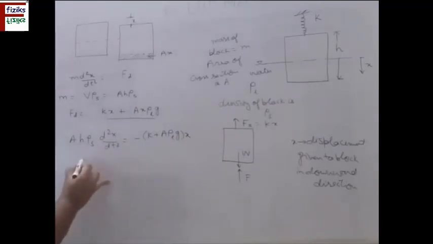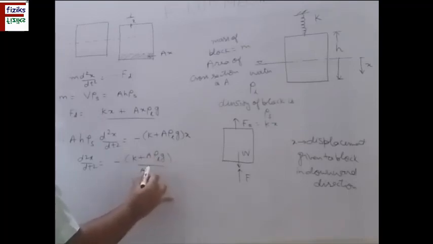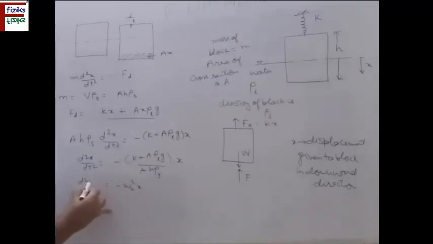So this gives you d2x by dt square equal to minus of K plus A rho L G divided by A H rho S into X. So this term is called omega n square, where omega n is the natural frequency of vibration.